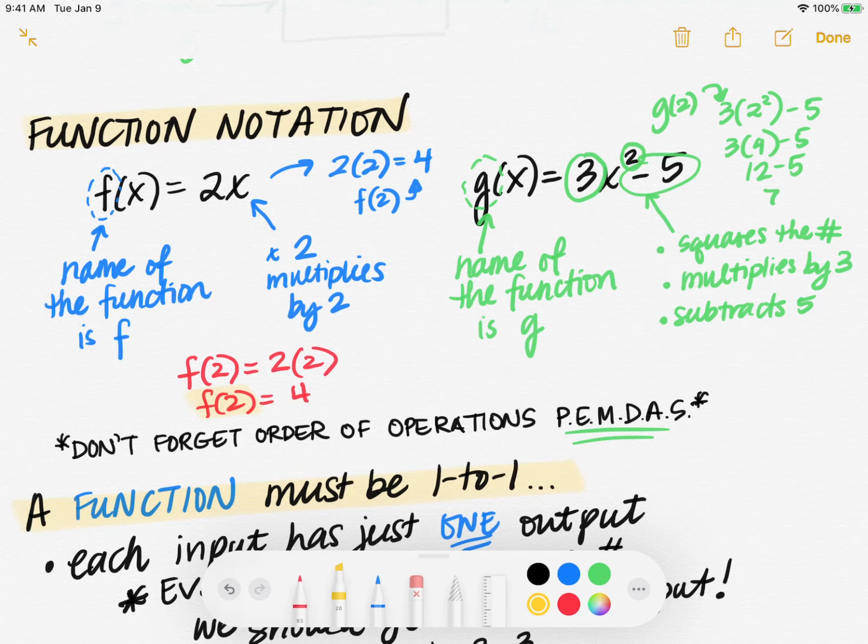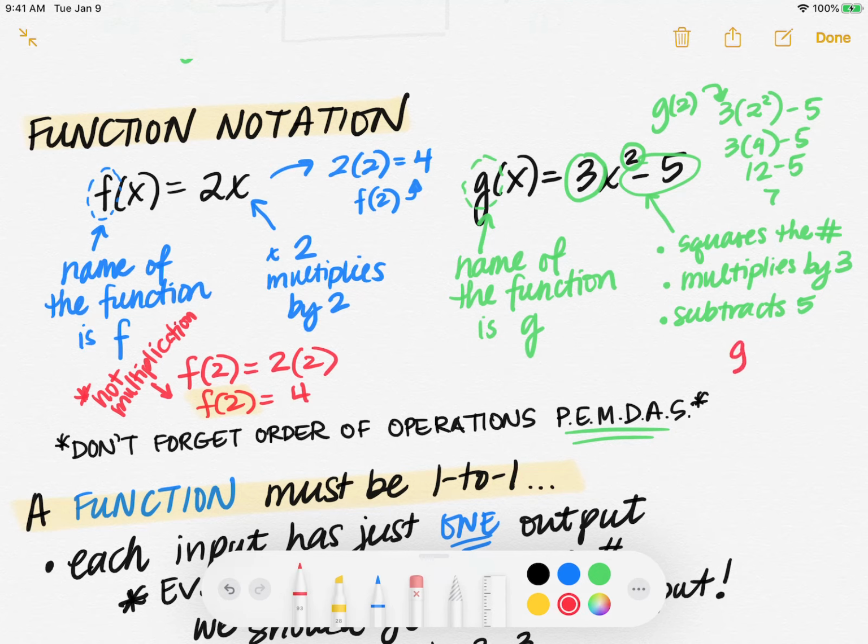That is not multiplication. It is the notation. We're going to leave it just like that. You don't have to then divide by the 2. Same thing on this side.